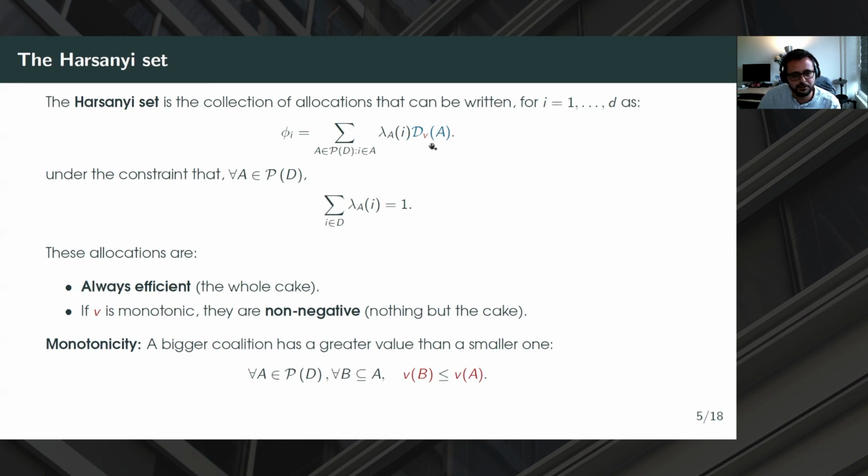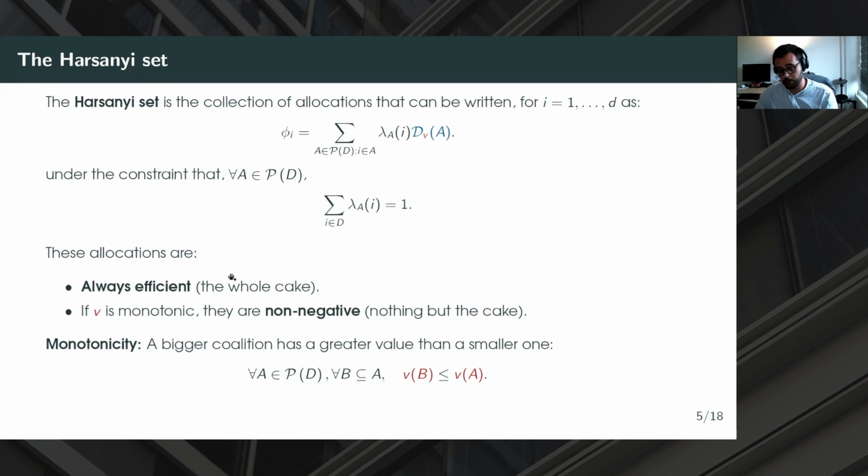So instead of dividing the dividend over the cardinality of the set A, we can just reweight them by some lambda A of I under some constraints. But what's interesting about every allocation in the Harsanyi set is that they are always efficient.